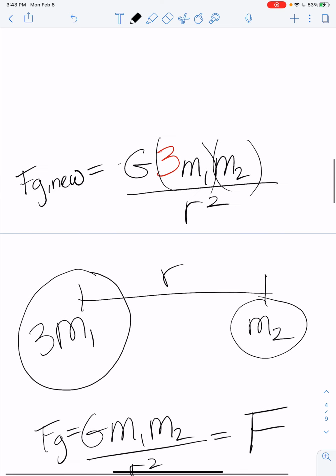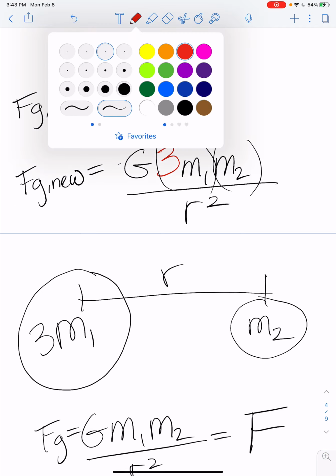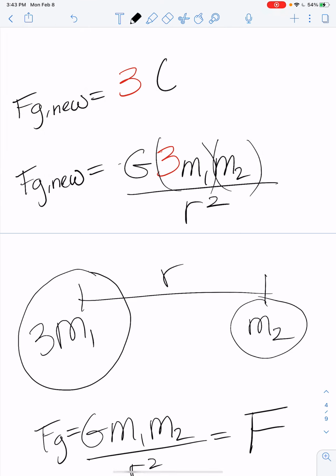If we pull this 3 out front, we see that Fg new, which is what we want to know, is equal to 3 times G M1 M2 over R squared.